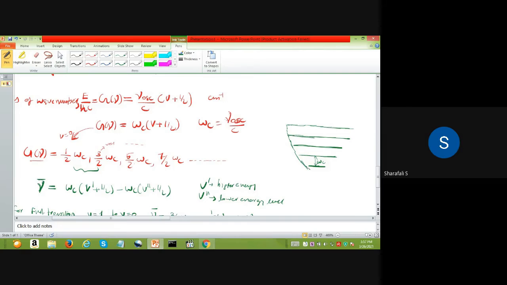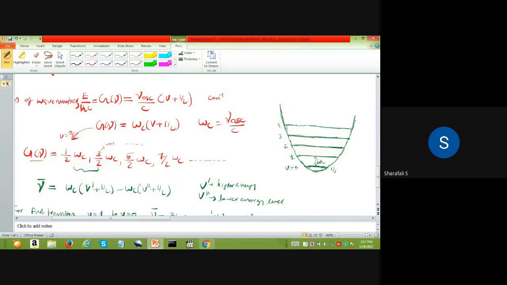You'll be having a structure like this. Okay. So these are the vibrational energy levels obtained by using this particular equation. So this is your V equal to 0, V equal to 1, 2, 3, 4, etc.